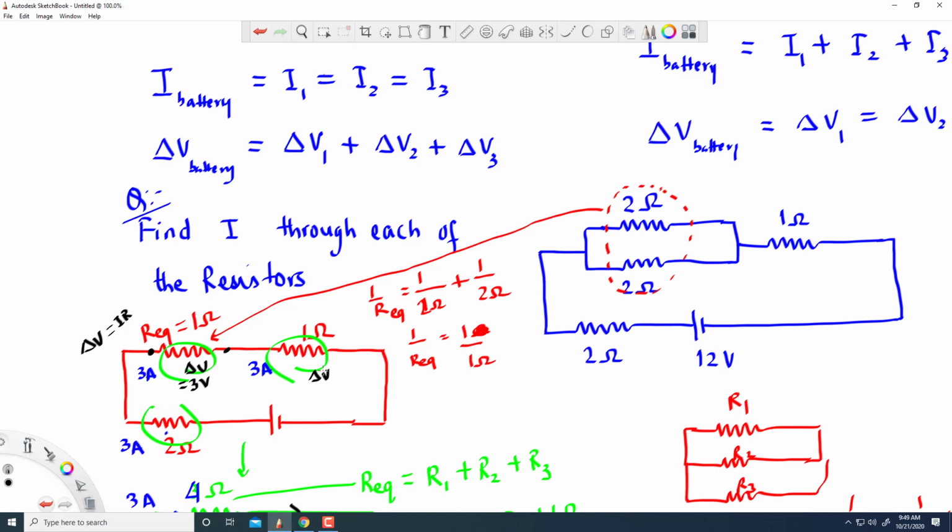Delta V is I times R. I is 3, R is 1, so delta V is 3 volts. Here delta V, I times R, is 3 times 2, which is 6 volts. So we got delta V for all these 3. Now you go one step further back.